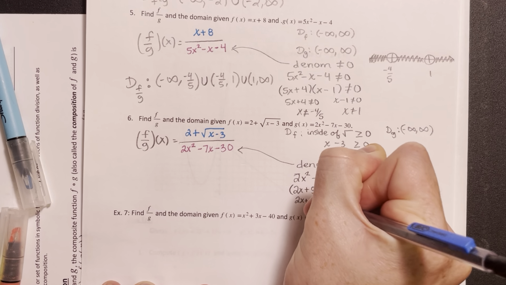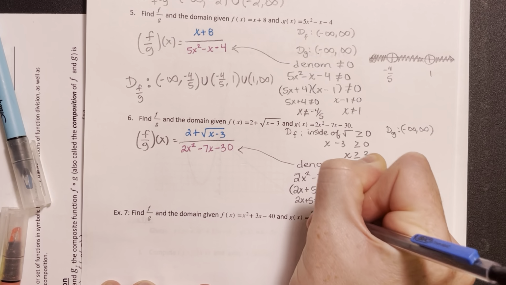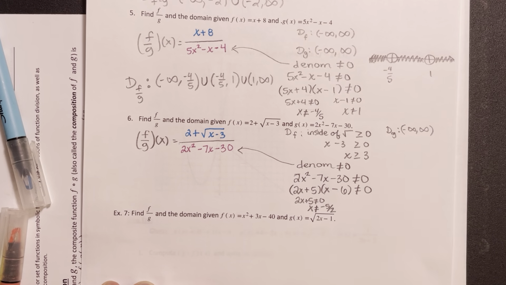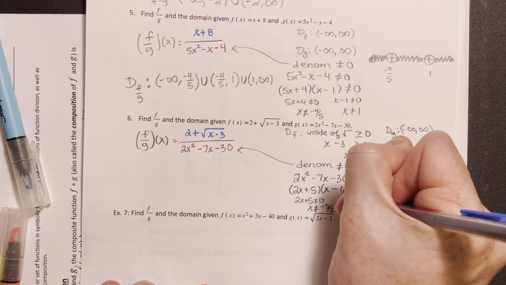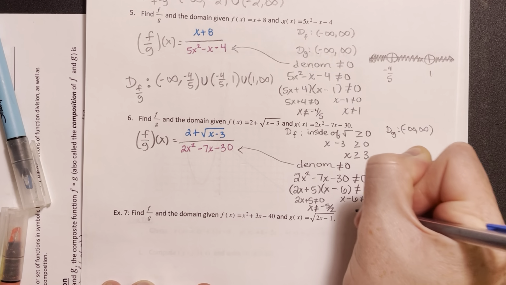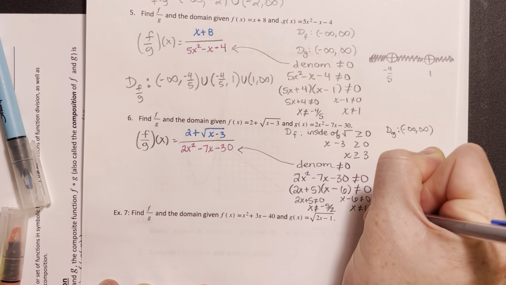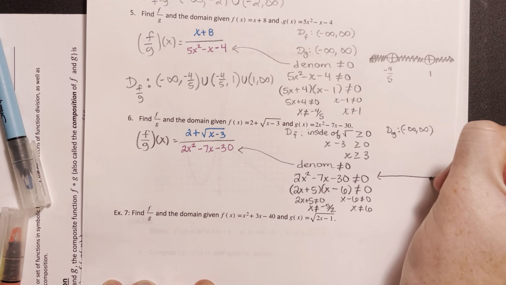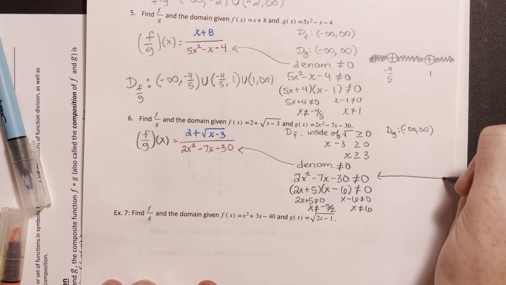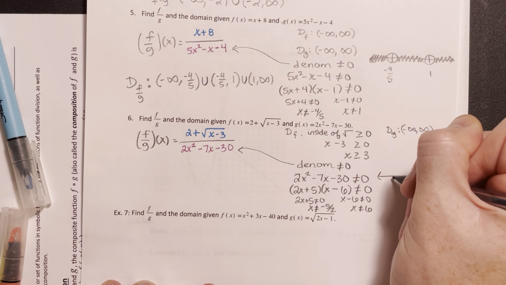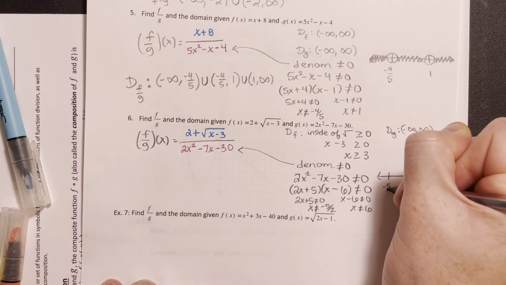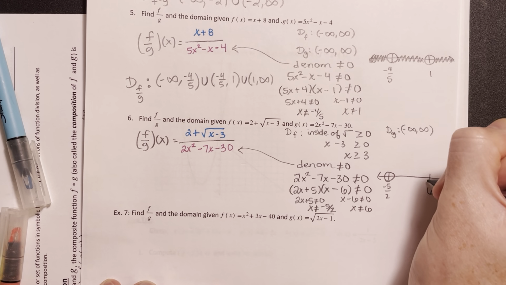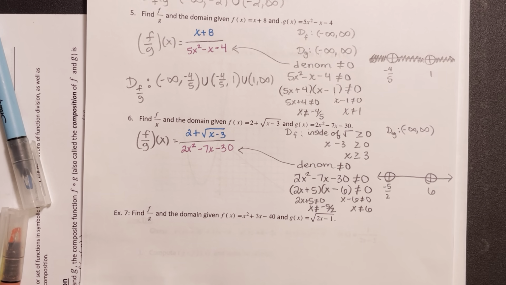We would set each factor equal to 0 using that zero product property, which tells me negative 5/2 and positive 6 are going to be removed from the domain. If you want to draw a number line, I'm going to find negative 5/2 and positive 6 and remove those.